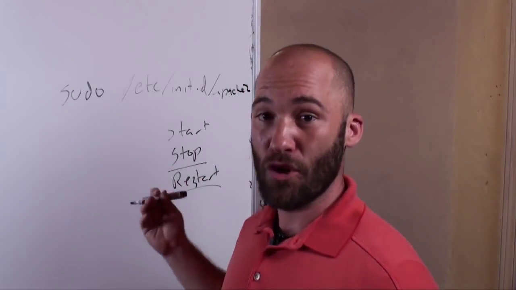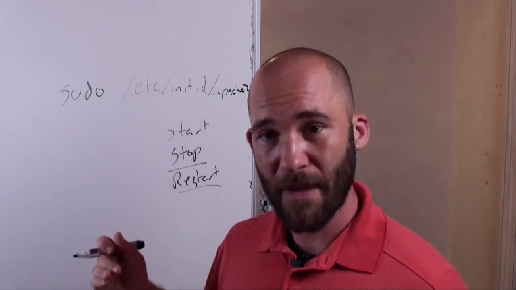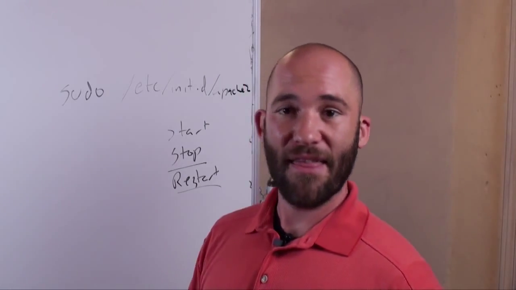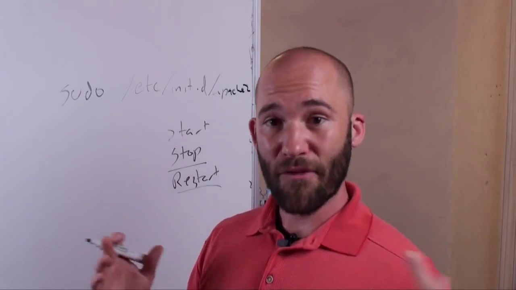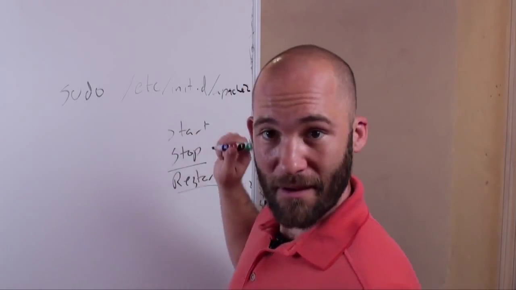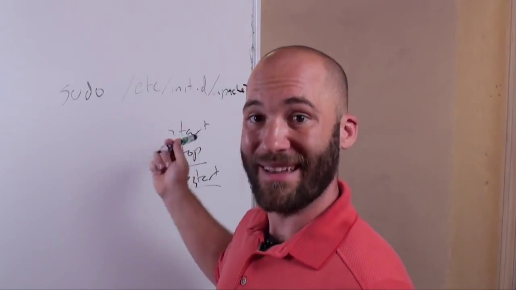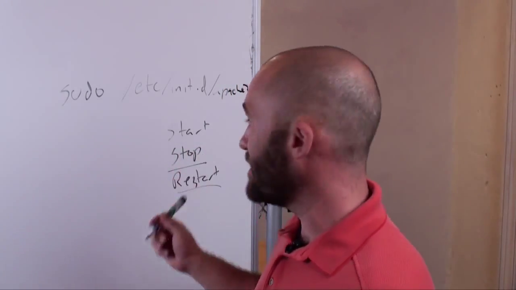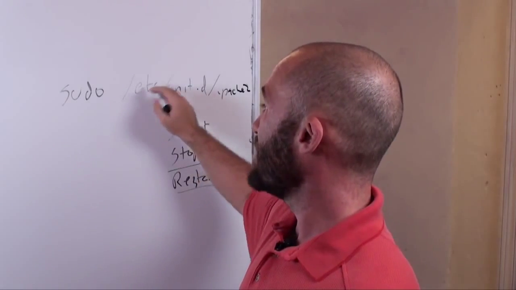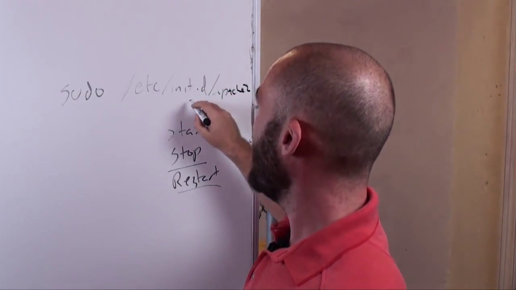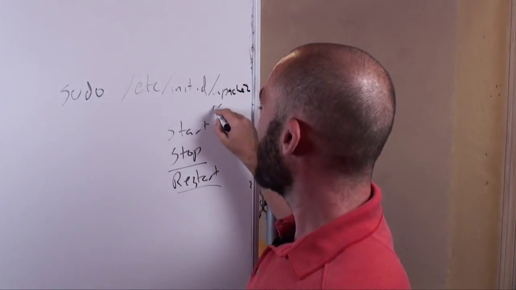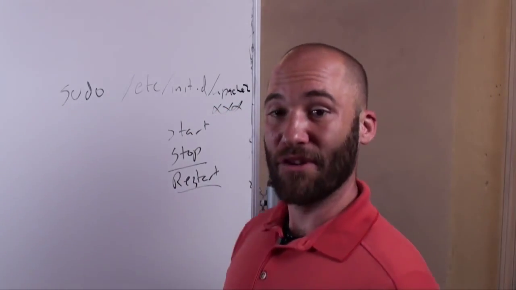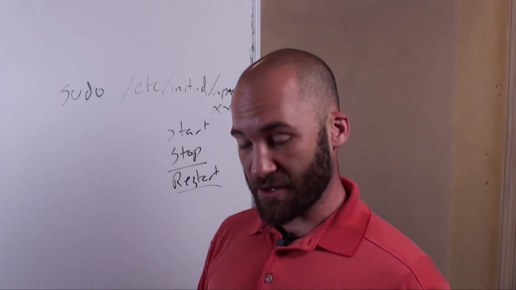So basically it means nobody can get to the website you're hosting, but you can still go in and change configuration files, edit things, modify things, you can do everything else on the server except the actual web server component is not functioning at this point. So this is restarting services. I say sudo /etc/init.d/ whatever the service name is. So that's all you have to do to start, stop, or restart services.